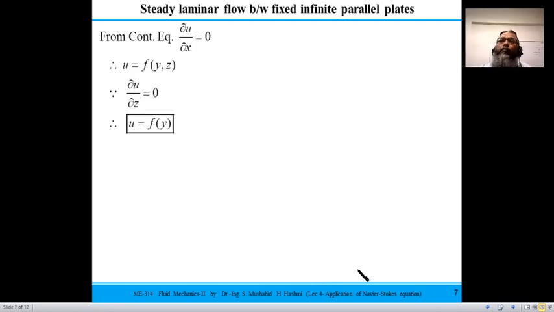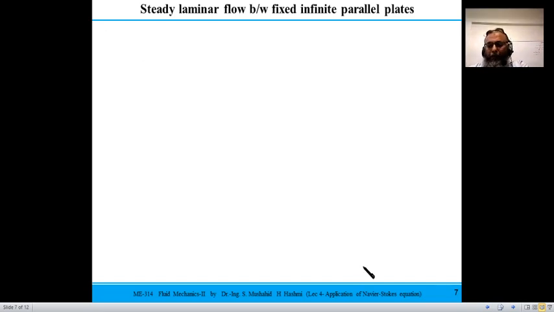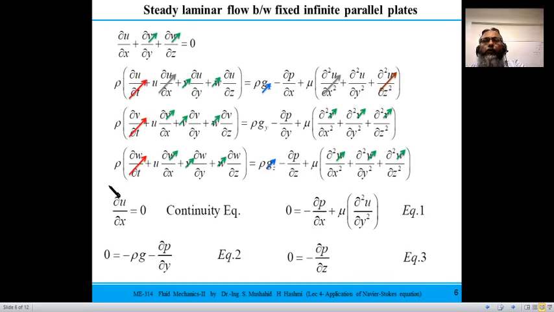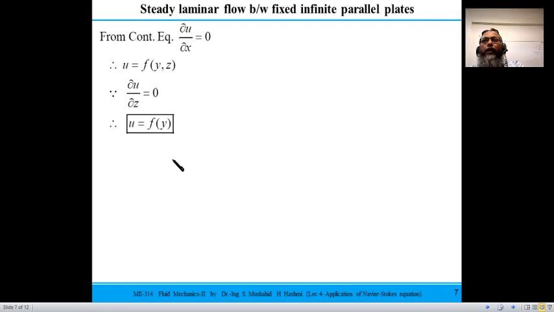From the continuity equation, we get du/dx is 0. This is what I am writing down from the continuity equation. It suggests that the velocity component in the x direction, which is u, is no more changing as you proceed in the x direction.